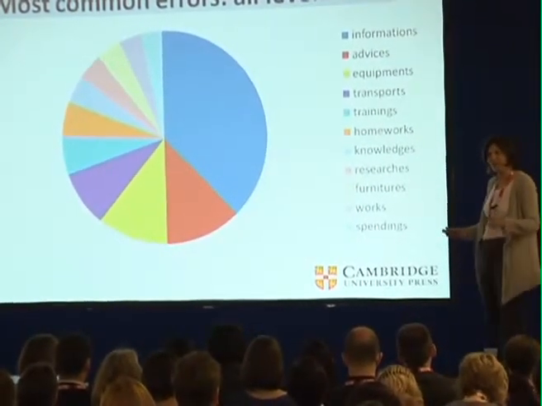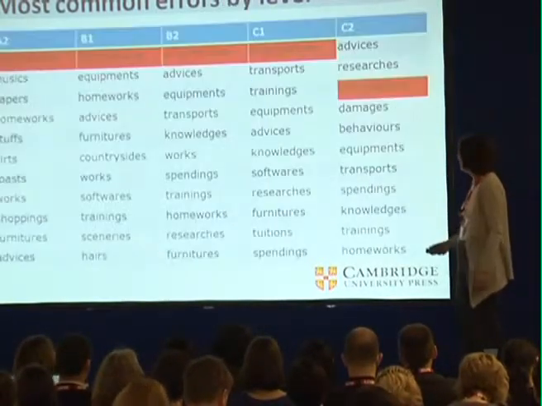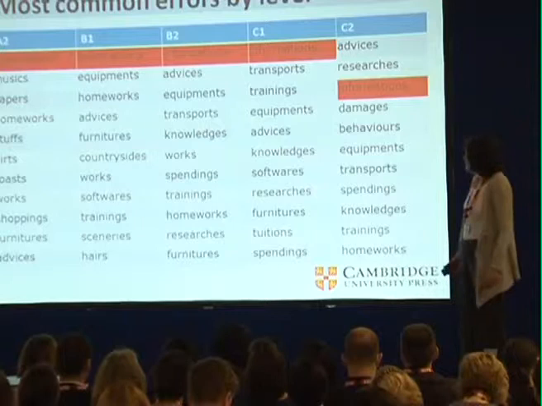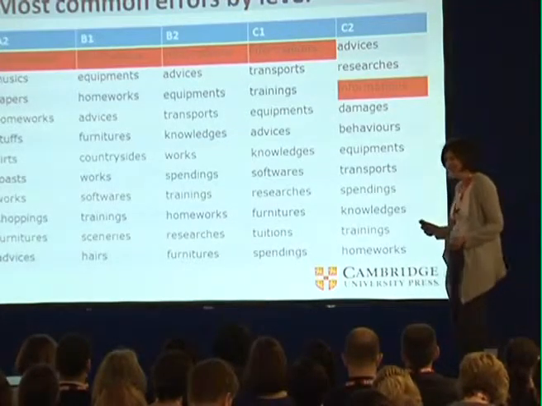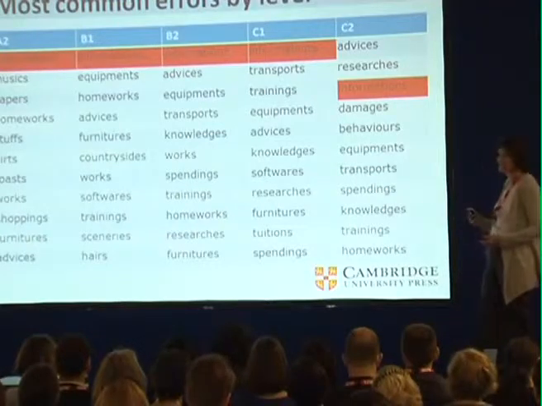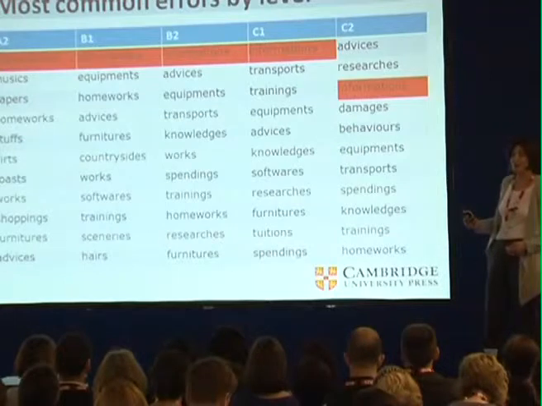Now, how do those errors break down across all of the levels? We can see here that the word informations as an error occurs in all of the levels. It persists all the way through, from A1 all the way through to C2.